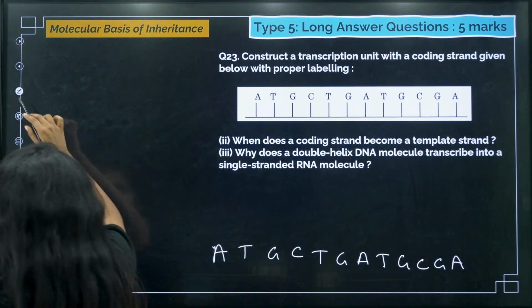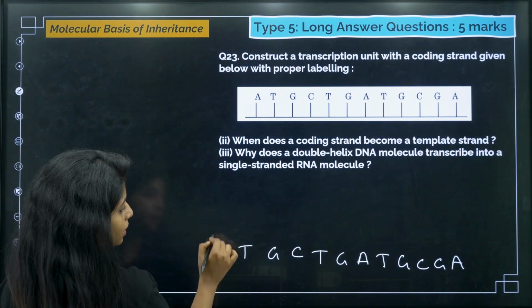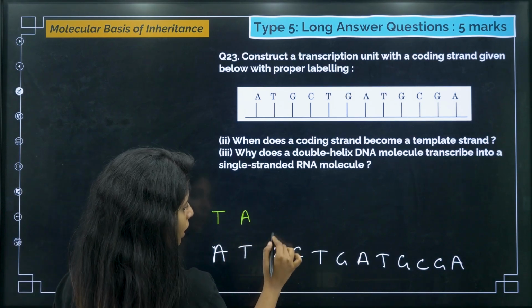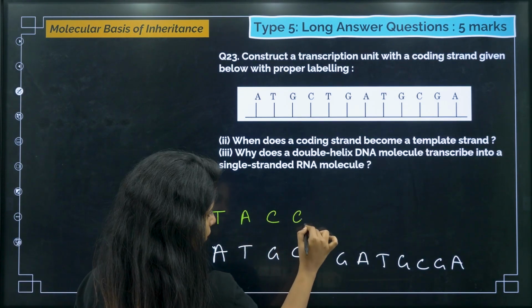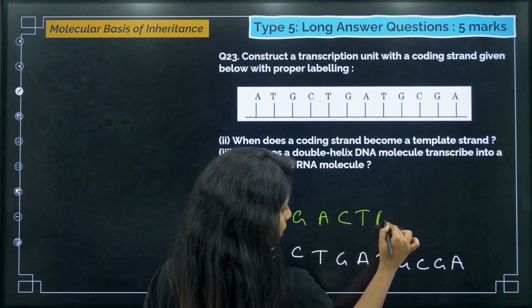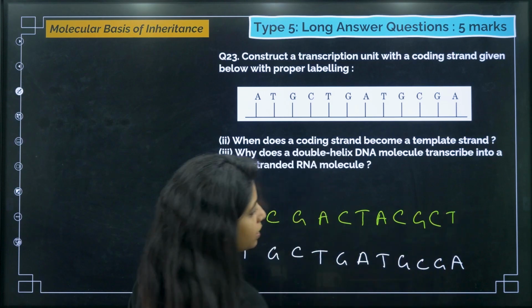So the template strand of the transcription unit, over here, DNA only, should be T, A, C, G, A, C, T, A, C, G, C, T.